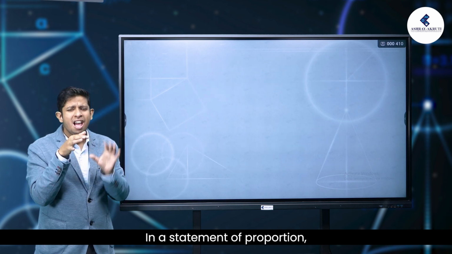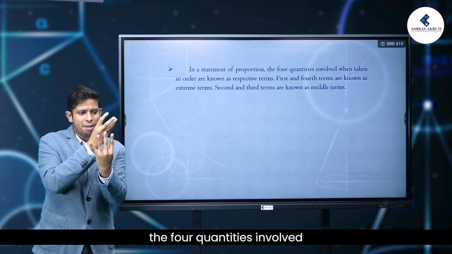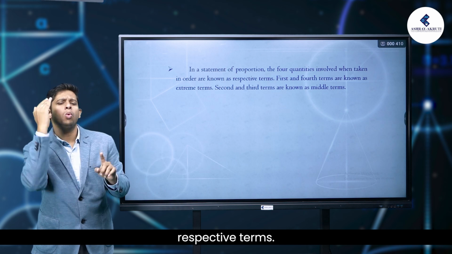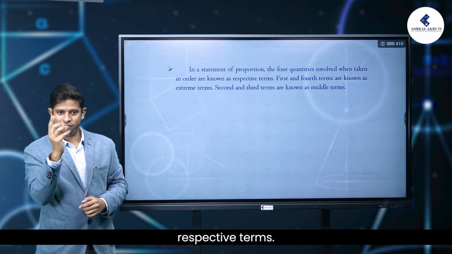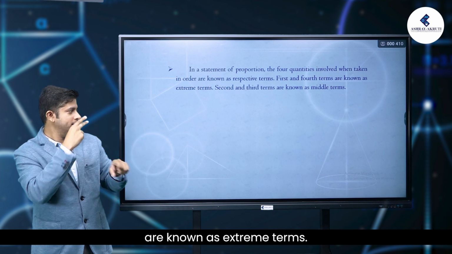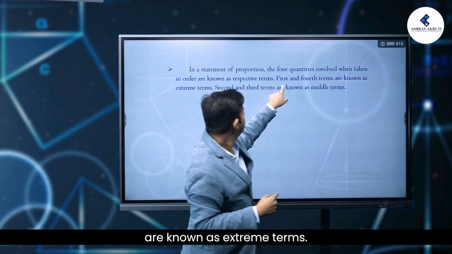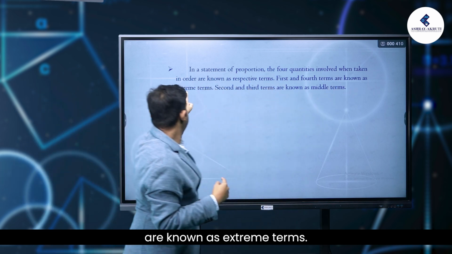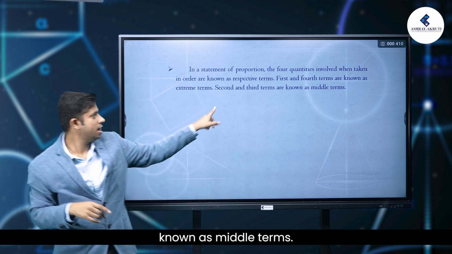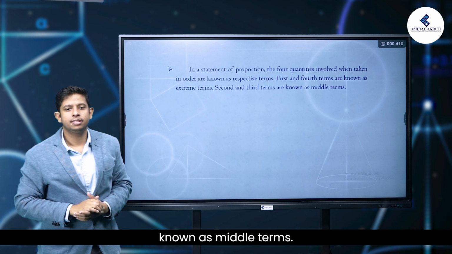In a statement of proportion, the 4 quantities involved when taken in order are known as respective terms. First and fourth terms are known as extreme terms. Second and third terms are known as middle terms.